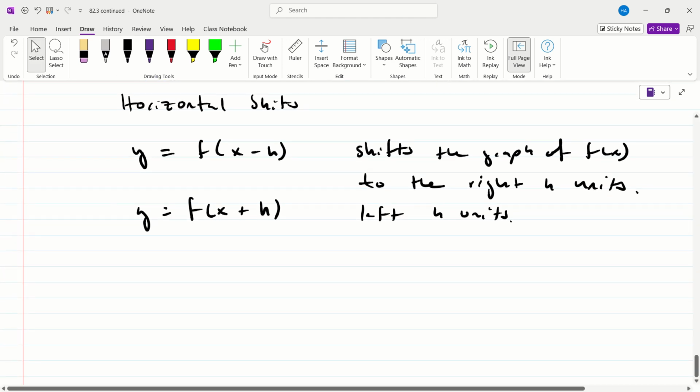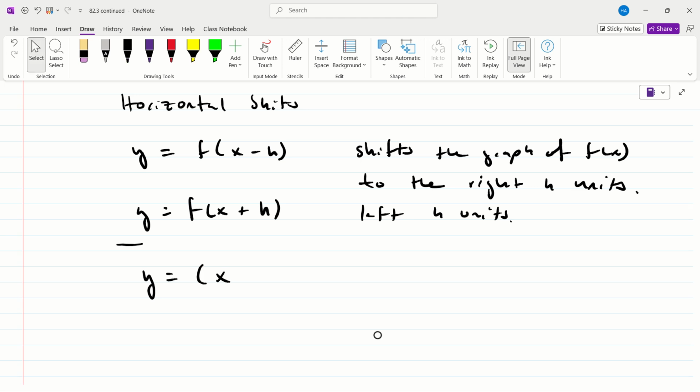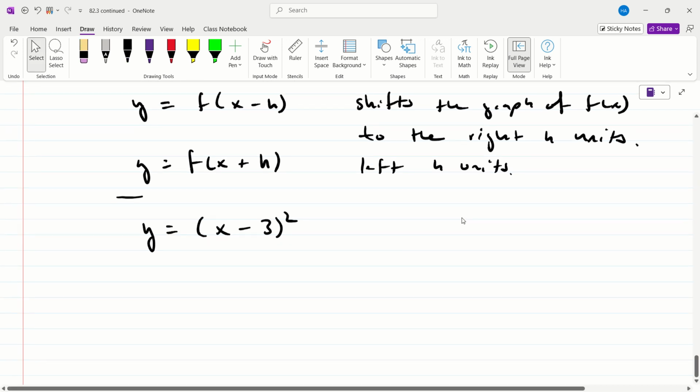So again, considering the examples above, if you have x minus 3 squared, first of all, it's going to look like a parabola because you have that squared structure. And because you're subtracting 3 from those x's, you're going to take the graph and shift it to the right 3 units.